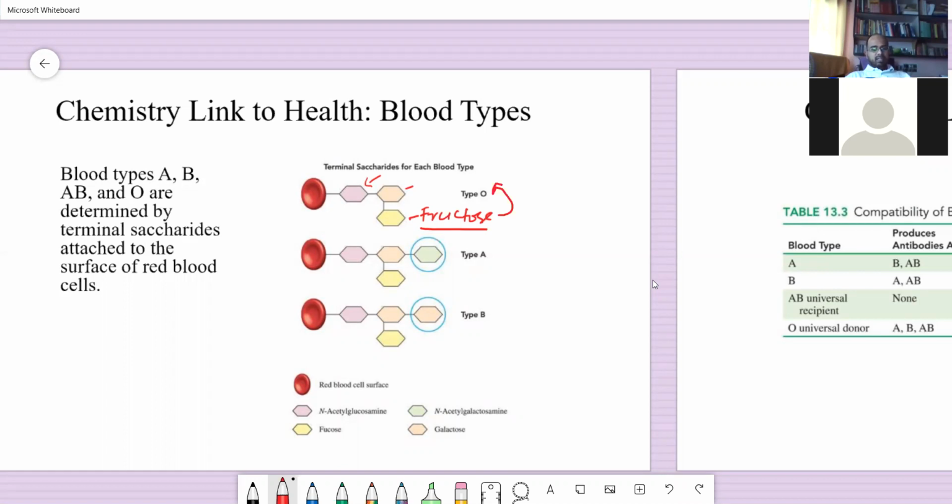If there is any acetyl unit, it is type A. If it is galactose, type B. The terminal sugars, fructose at the bottom with galactose at the top, will give you type A blood. This is type B blood, and this is type O. You can see the legend there at the bottom, so from that you can conclude it.